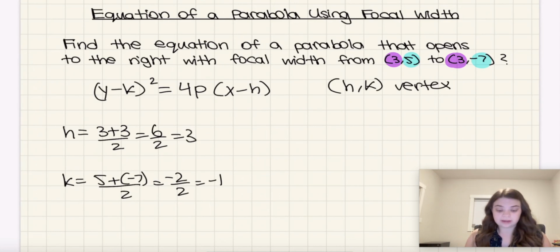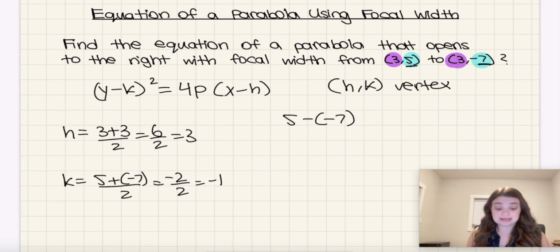Now the focal width is going to be the total vertical distance between these points. So we need to figure out what that total vertical distance would be, and that's going to be found by doing 5 minus -7, right? Because the vertical elements here are 5 and -7.